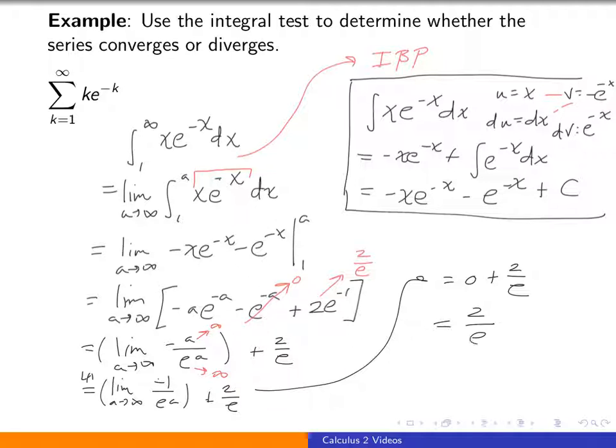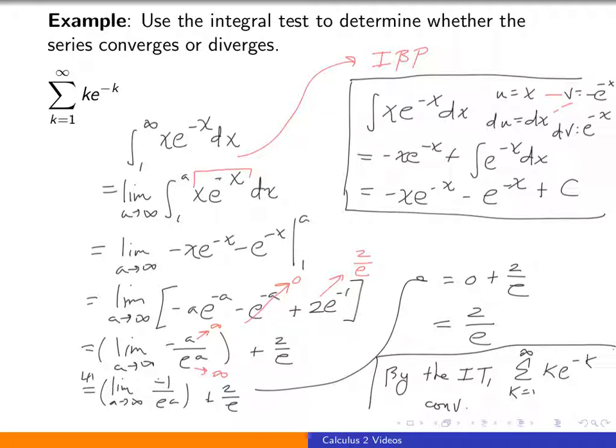So the improper integral converges to the number 2 over e. Therefore, by the integral test, that associated series, the sum from k equals 1 to infinity, k e to the minus k, converges.